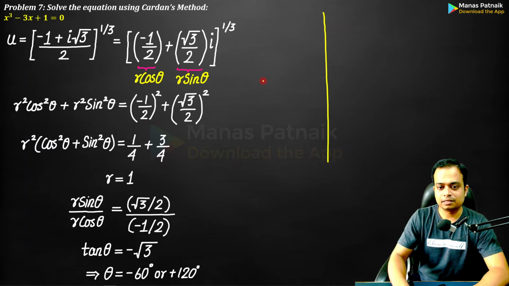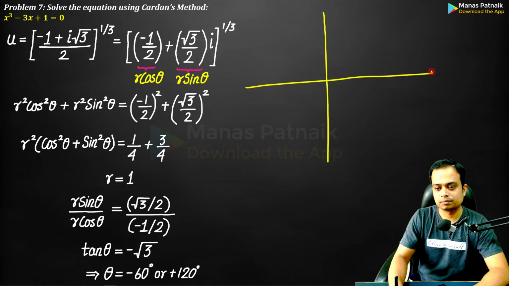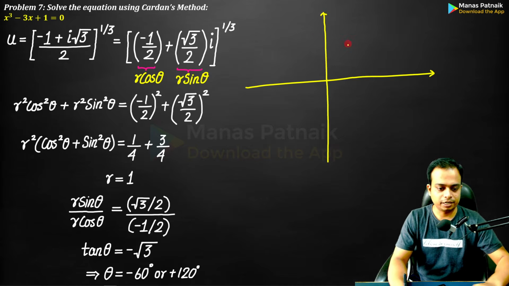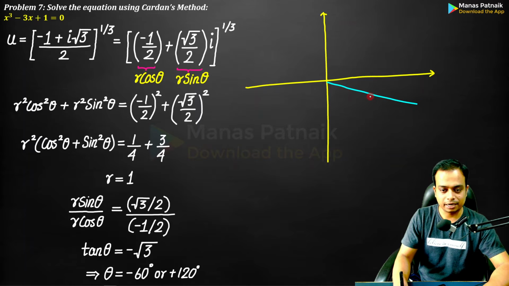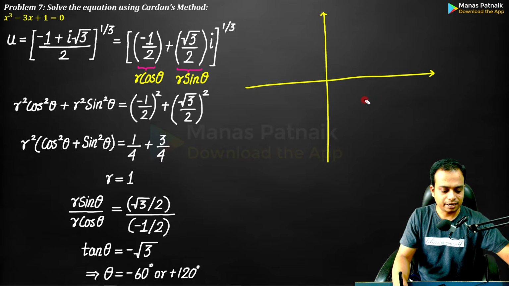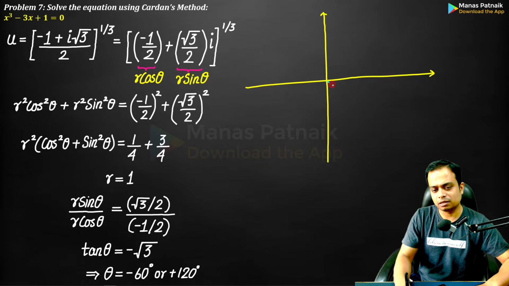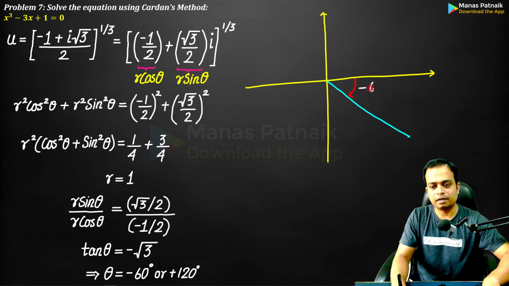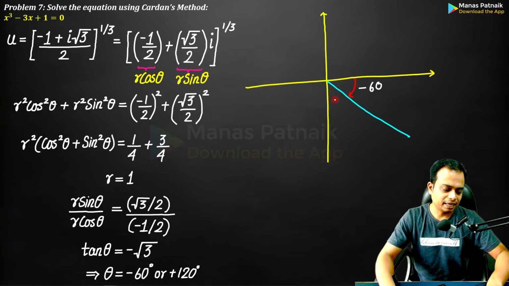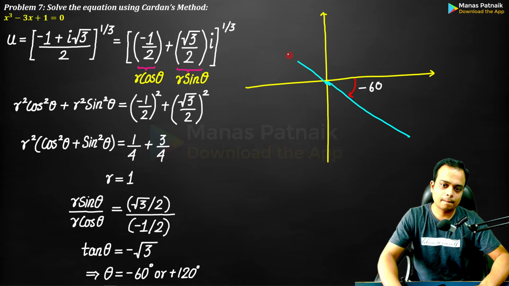Let's say that, sir, this is our coordinate axis. Okay, very well. How much value did you get, sir? Negative 60. So negative 60 would look something of this sort. This, by the way, is negative 60. If I can extend this to the other side. Okay.